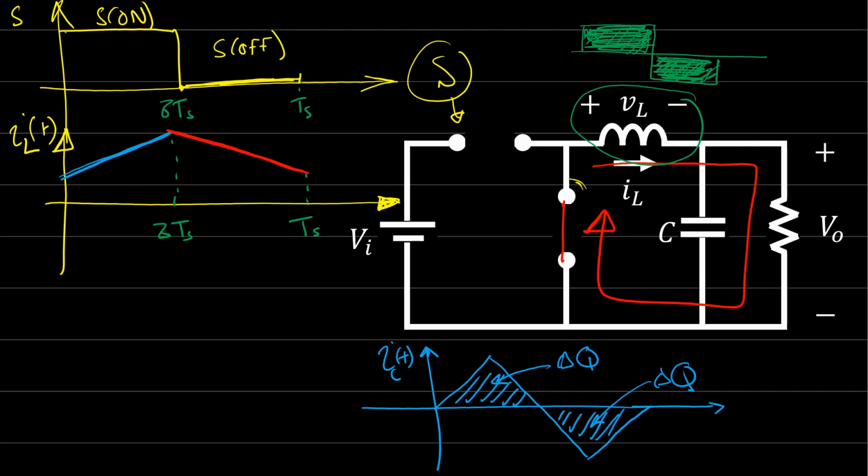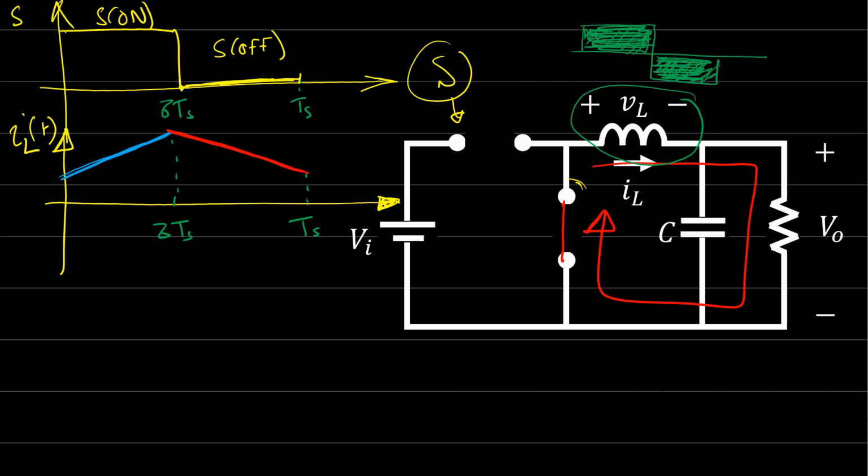Otherwise, let's say the positive charge is larger than the negative charge. Again, the charge will be accumulated on the capacitor, then the capacitor might be damaged, or we might have an unstable operation. So this is the case for the voltage and the current inside the capacitors and inductors. For the inductor, the average voltage will be zero, and for the capacitor, the average current, or the average charge, will be zero to achieve balanced operation.